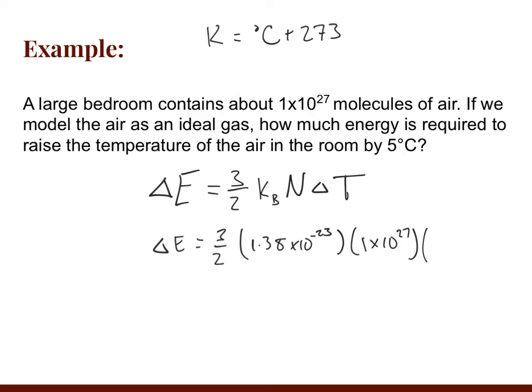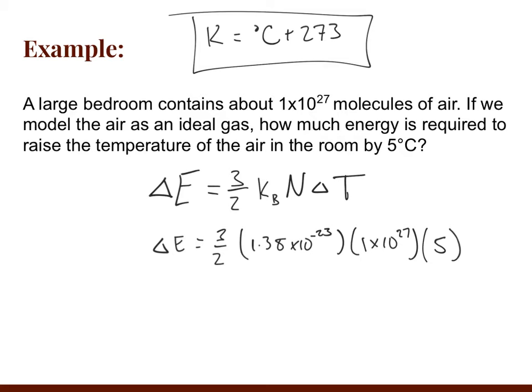So that works out nicely. If that doesn't make sense to you, pick some numbers in Celsius, change them by 5 degrees, and see what happens to the corresponding Kelvin temperatures. You'll see that it's also a change of 5 degrees. All right, so then you just have to put it into a calculator. You do 3/2 times 1.38 times 10 to the negative 23rd times 1 times 10 to the 27th times 5.